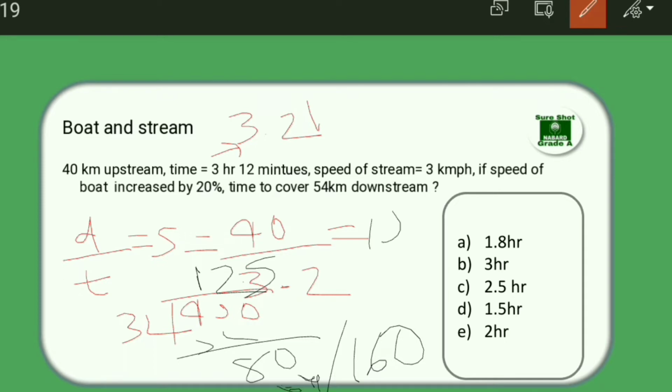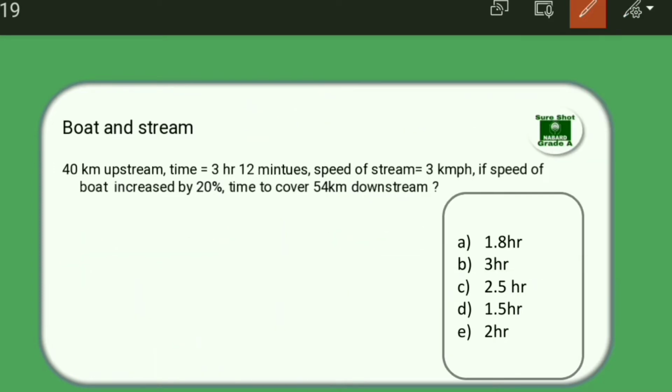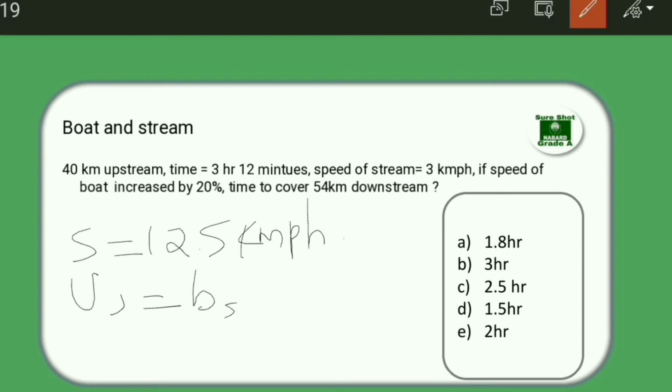So 12.5. I'm erasing this. So we will get the speed as 12.5 km/h. The upstream speed is the speed of the boat minus the speed of the stream.